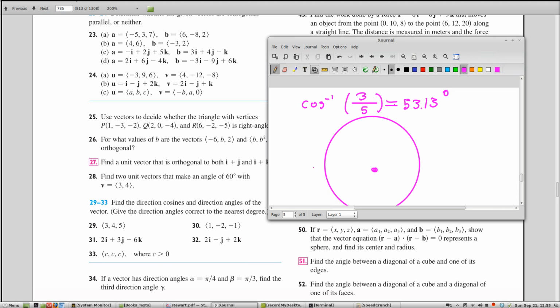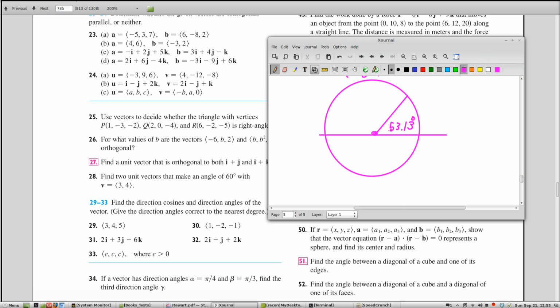So here we've got this 53.13, and I'm trying to find two unit vectors that make a 60-degree angle with this thing. So how can I get 60 degrees?